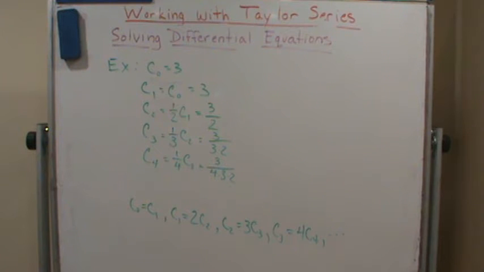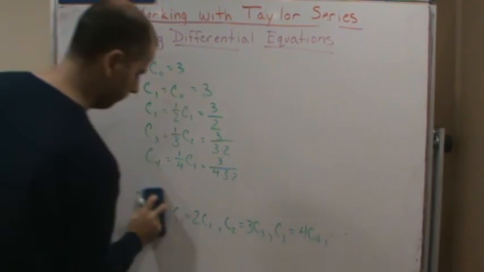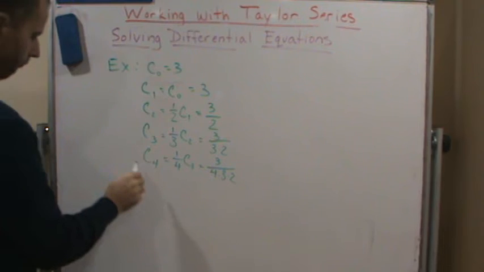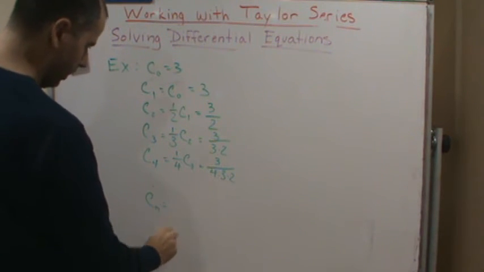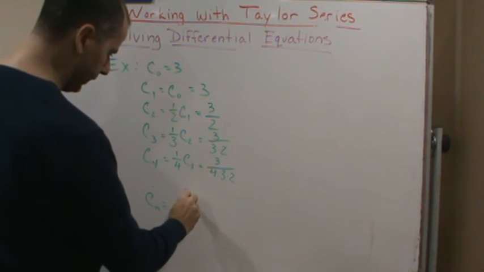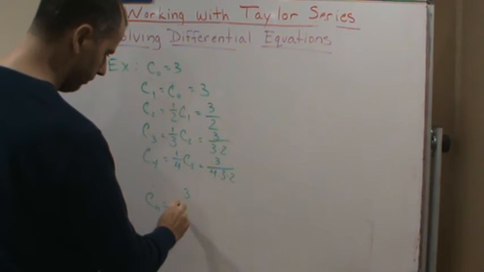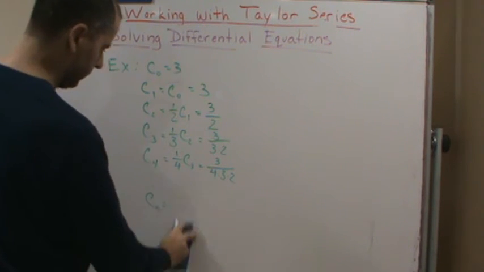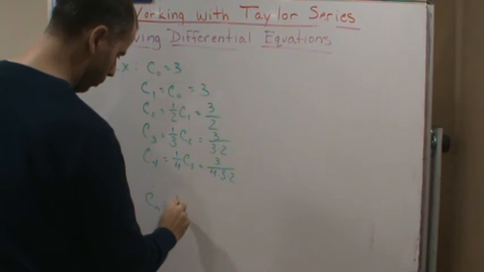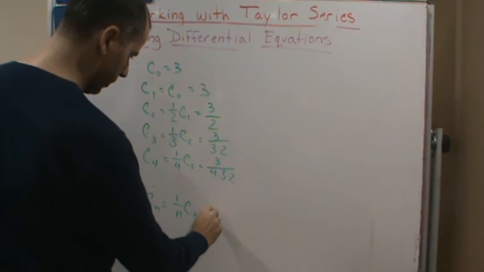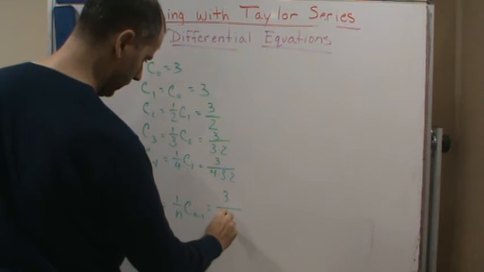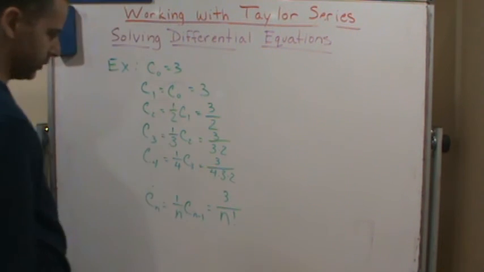So now you should be able to see the pattern here. And so if we keep going, then we get c sub n equals 1 over n times c sub n minus 1, which then is going to give us 3 over n factorial.